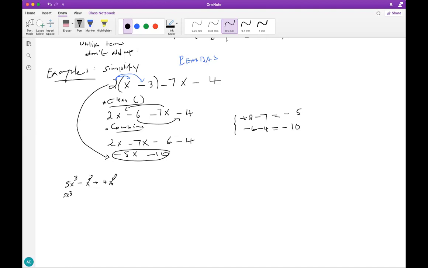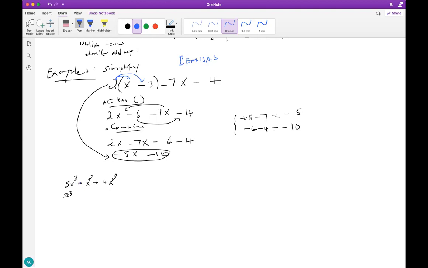What's the coefficient here? What is the coefficient of this term? The coefficient is basically just the number in front of the variable. Okay? 4. This is a variable. This is a power. That's right. It's positive 4. What is the coefficient of this second term? What's the leading coefficient in front of the variable of this term?